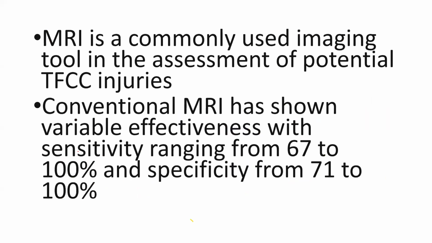Magnetic resonance imaging is a commonly used imaging tool in the assessment of potential triangular fibrocartilage complex injuries. Conventional MRI has shown variable effectiveness, with sensitivity ranging from 67 to 100% and specificity from 71 to 100%.